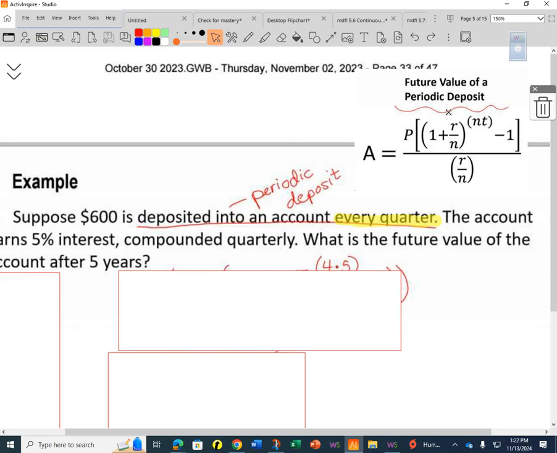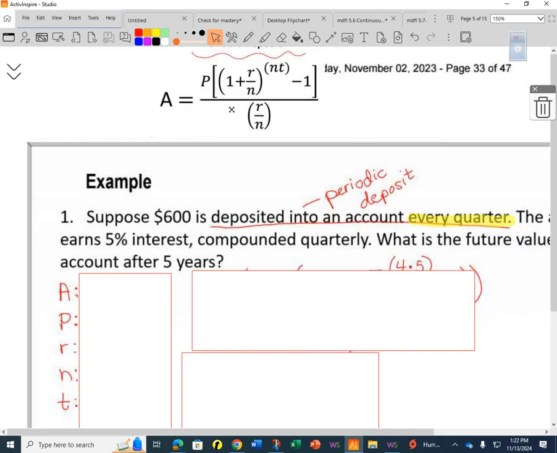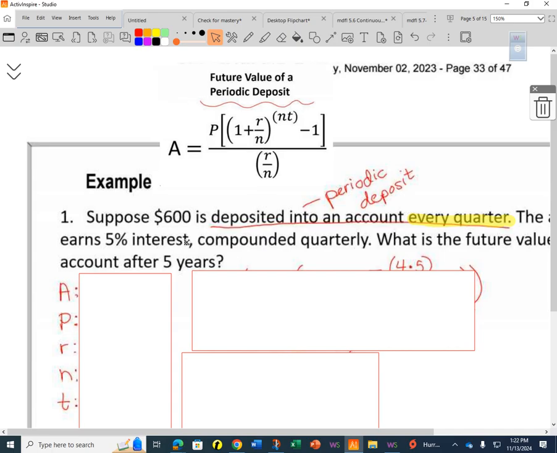So once again, same variables that we've been working with, so we should all be able to find our A, P, R, N, and T. So let's everybody find our A, P, R, N, and T. And this is one of the things you need to show me to get credit for your problems on your homework. The A is the ending balance. That's what we're looking for.